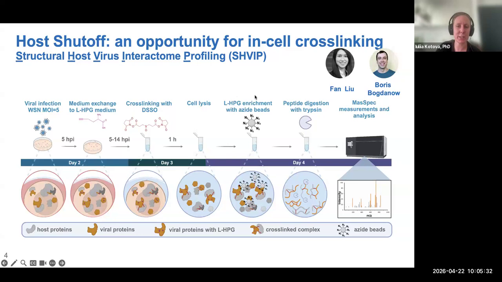And here we can add an additional step, because now, through this synthetic amino acid, we could enrich specifically just for the newly synthesized proteins, in our case, meaning mostly for the viral proteins. And then just a normal standard mass spec workflow.